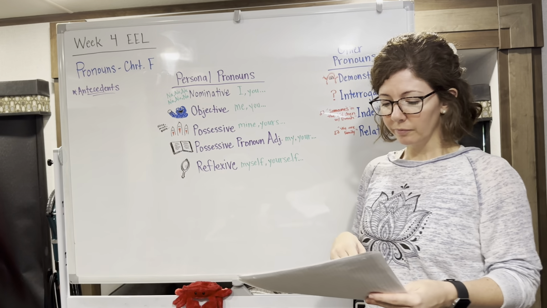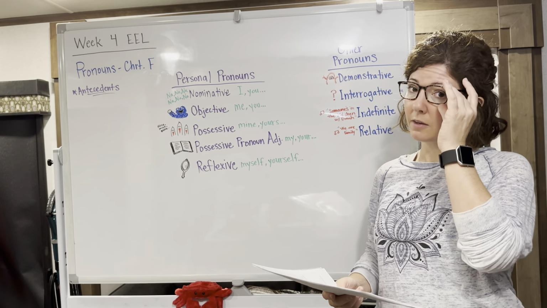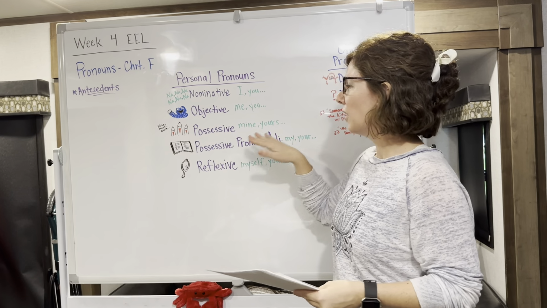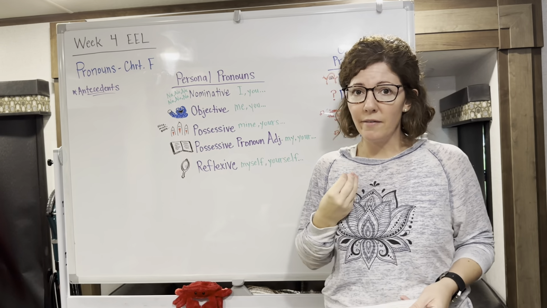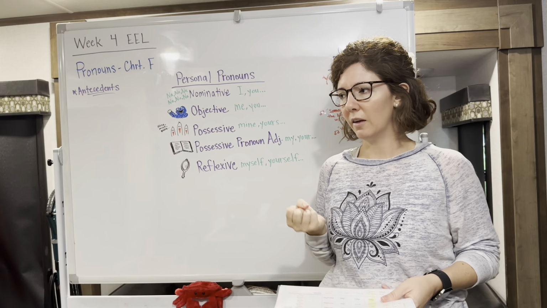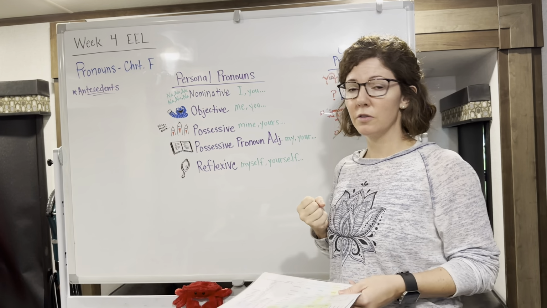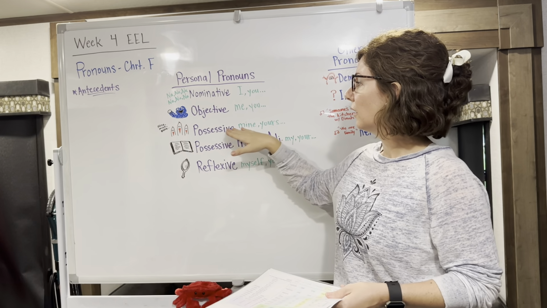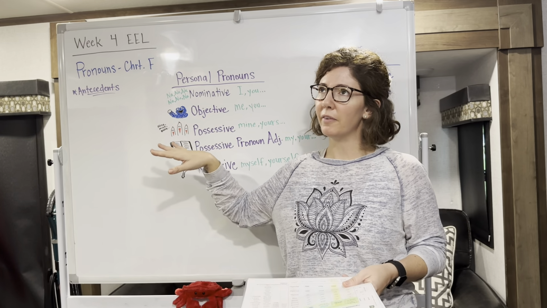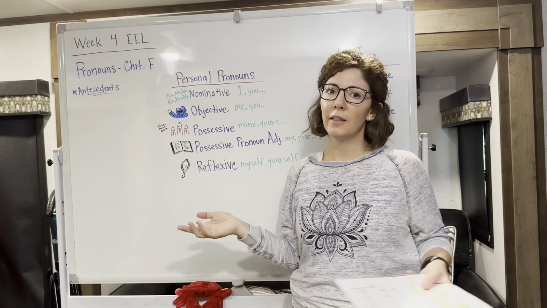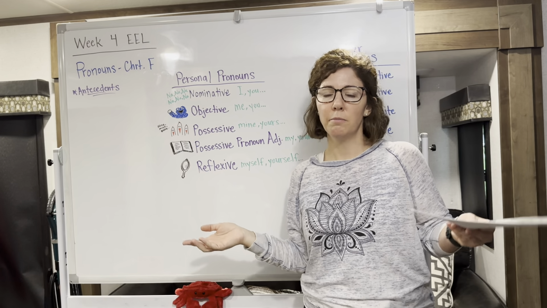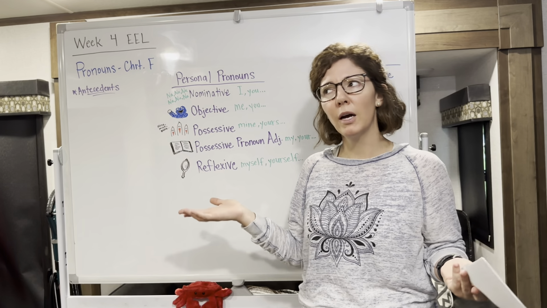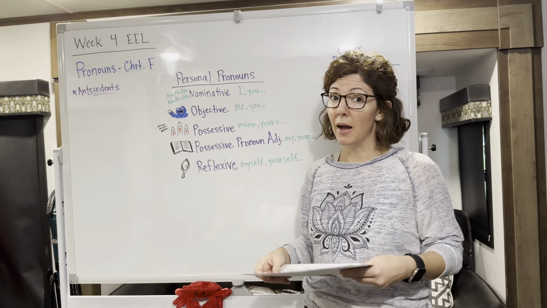And then if you go on to the next column, we have possessive pronouns. When we possess something, we have it. It is in our possession. It's ours, it's mine. A way to help remember that is the little seagulls from Finding Nemo. What do they say? Mine, mine, mine. They say a lot of mine.